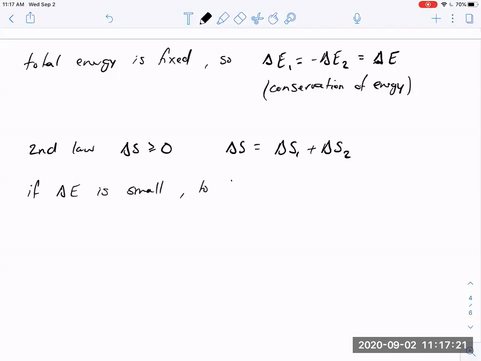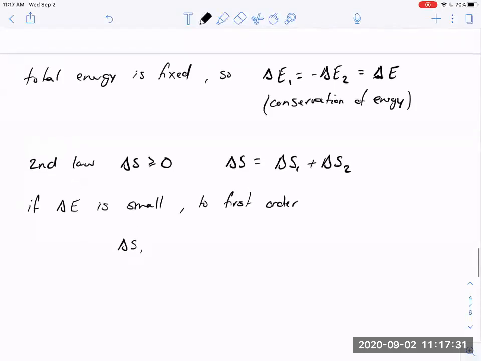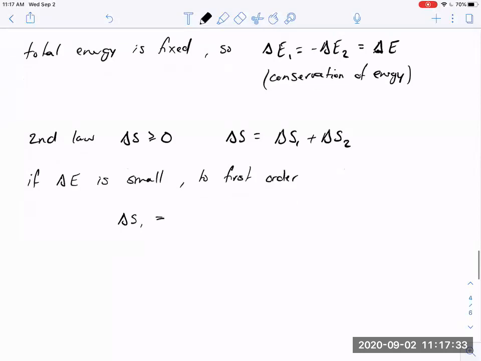That would mean that to first order in delta E, the change in the entropy for system 1 is going to be delta E1 times how the entropy changes with energy.